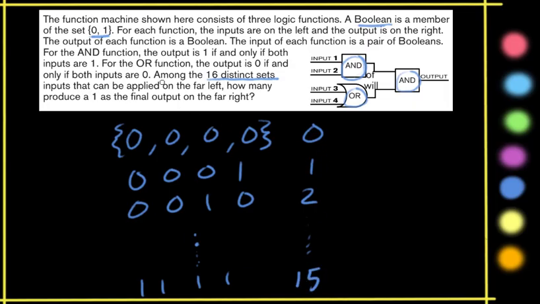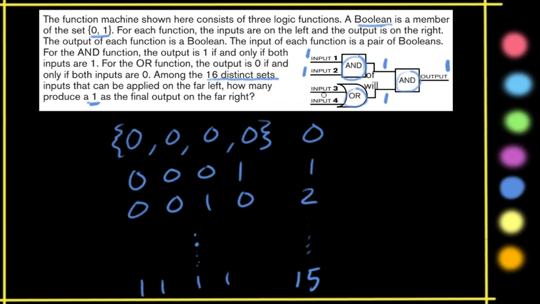It says among the 16 sets, these things here, that can be applied on the far left, how many produce a 1 as the final output on the far right? Okay, so we want a 1 out here. That means we need to have a 1 here and a 1 here. And if you have a 1 here, that means you have to have a 1 here and a 1 here. But you have some more choices here.